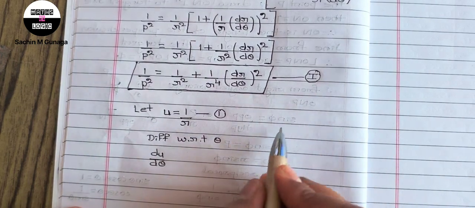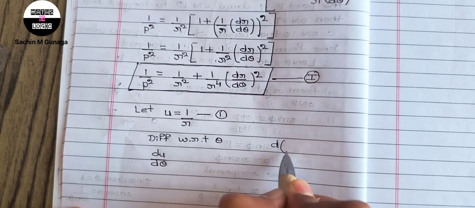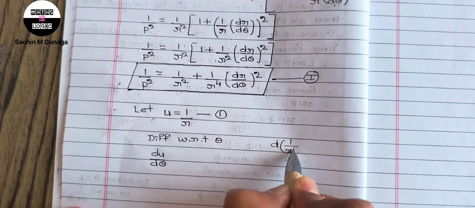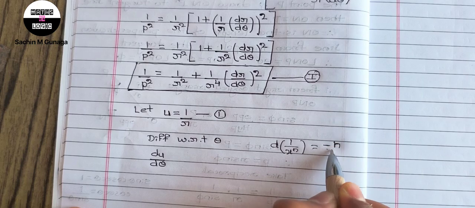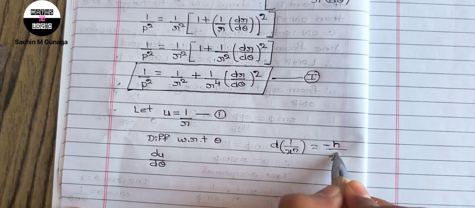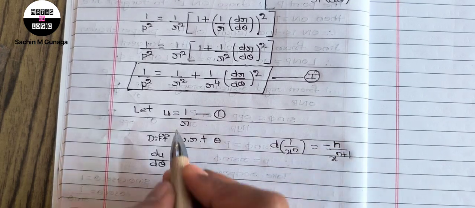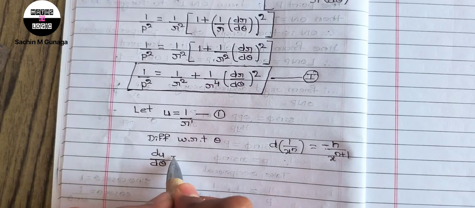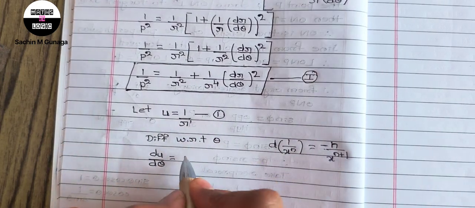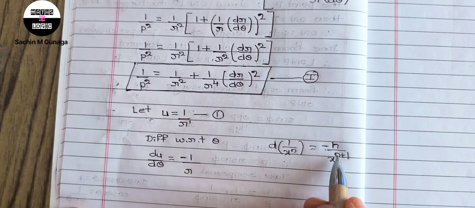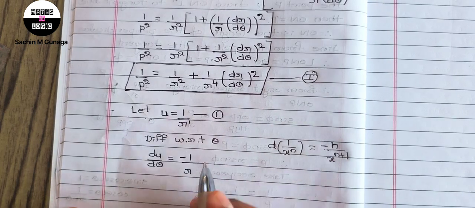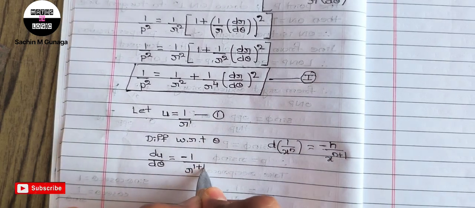There is a formula in differentiation: differentiation of 1 divided by x power n is minus n divided by x power n plus 1. Here n means 1, therefore if we apply this, it becomes minus 1 divided by r power 1 plus 1.